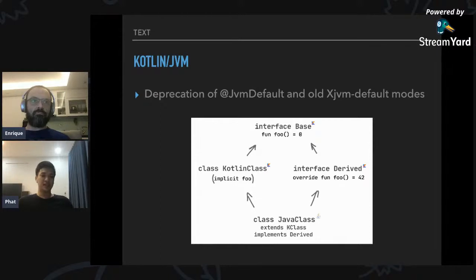So if you want to use this kind of interface implementation in another class in Java, and you want to extend from the Kotlin class and the interface here, and you define the foo function, should that be 42 or 0? I think to overcome this headache and complicated relationship, this is no longer supported by Kotlin, especially for the JVM.